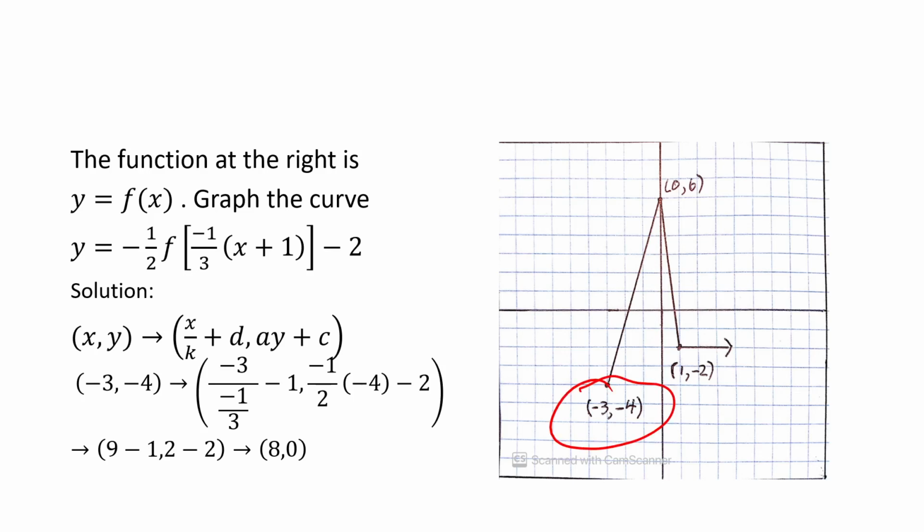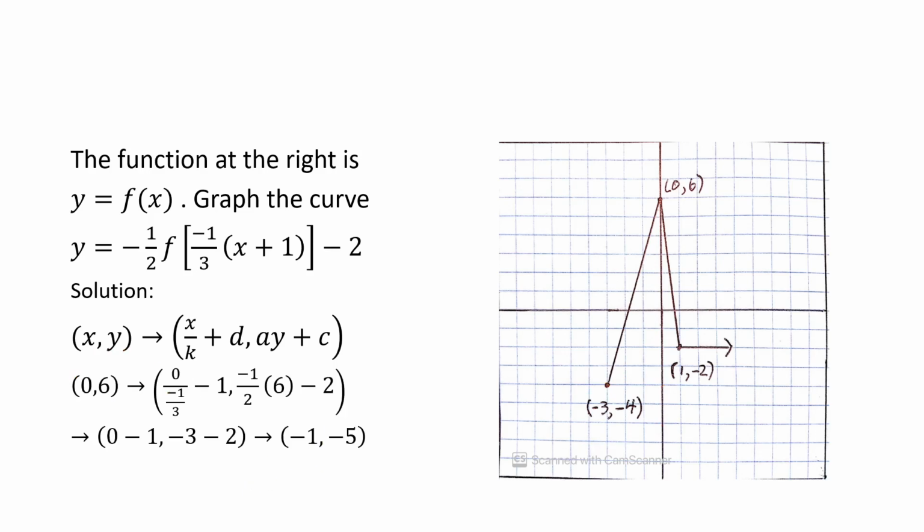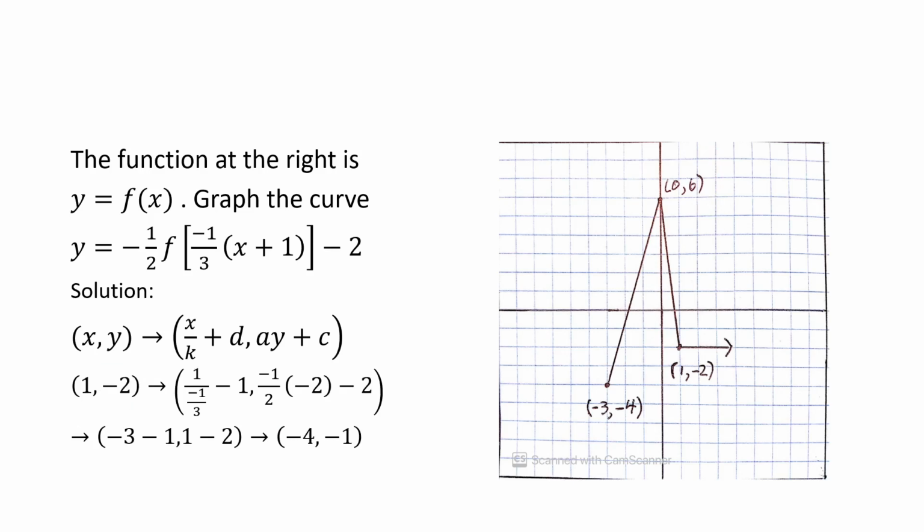So we start with (-3, -4), and we ultimately find out that (-3, -4) maps onto (8, 0). Then we have (0, 6), which is on the parent, and ultimately that maps onto (-1, -5). And we have (1, -2), that's also on the parent, and ultimately (1, -2) maps onto (-4, -1).